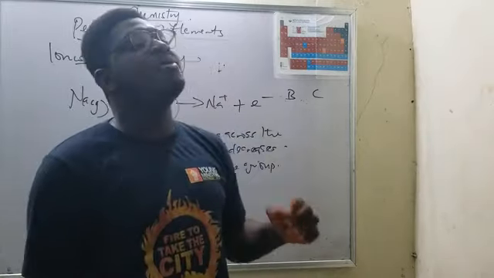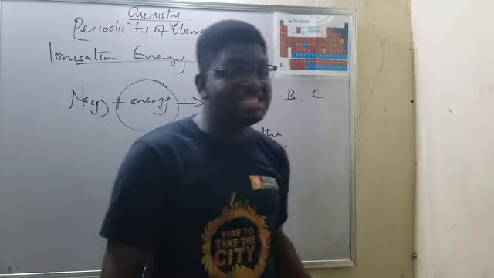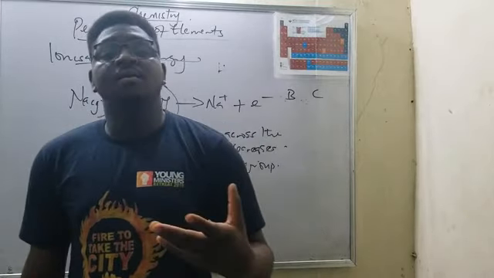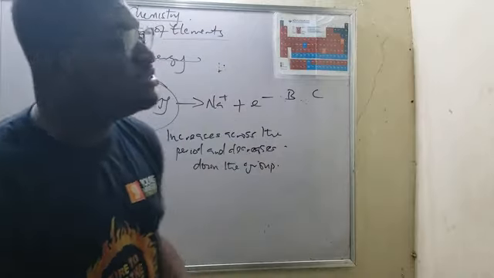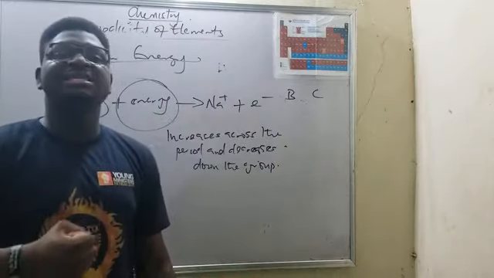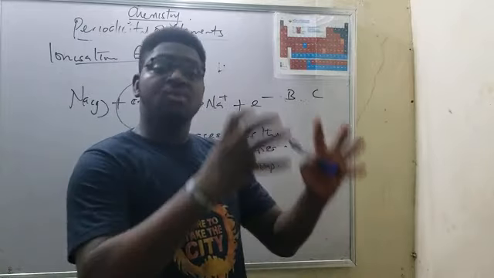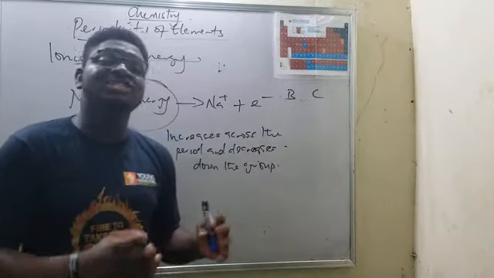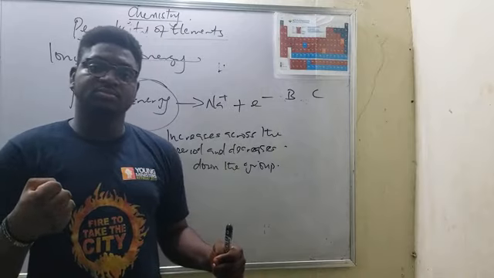Nevertheless, remember we said it is influenced by the size of the atom. Please note that it is very difficult to remove an electron from a small atom. So the smaller the size, the harder it is to remove an electron.